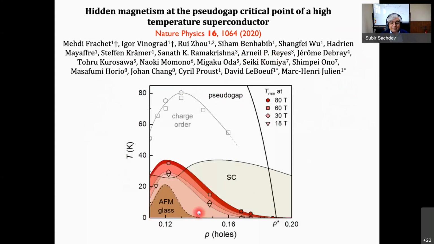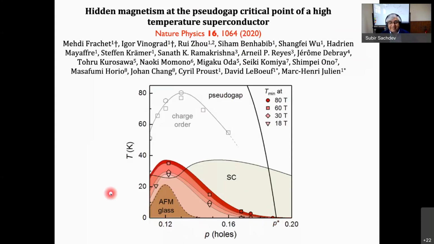Initially it was thought present only at very small doping, but now by application of a rather large magnetic field, at least on the lab scale, you can see this spin glass behavior all the way up to the critical doping where the strange metal appears, suggesting that the spin glass ordering is one of the important ingredients in this pseudo-gap phase. And P star is roughly where the strange metal becomes most apparent.